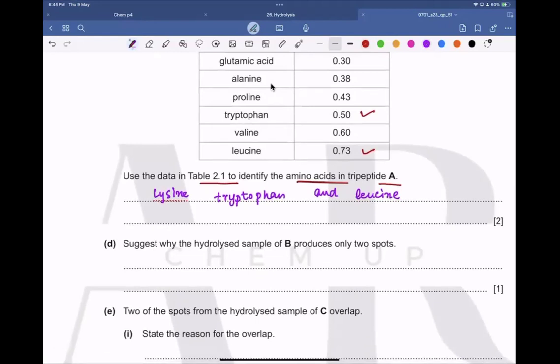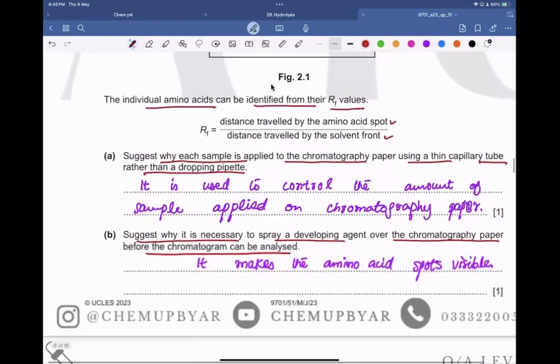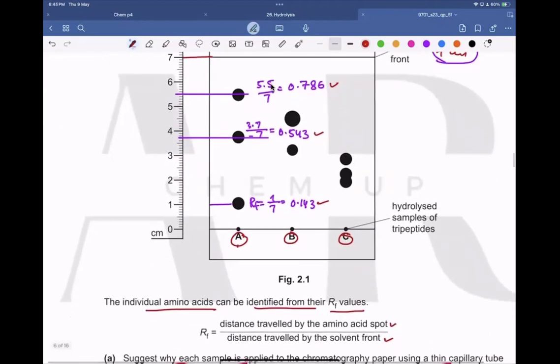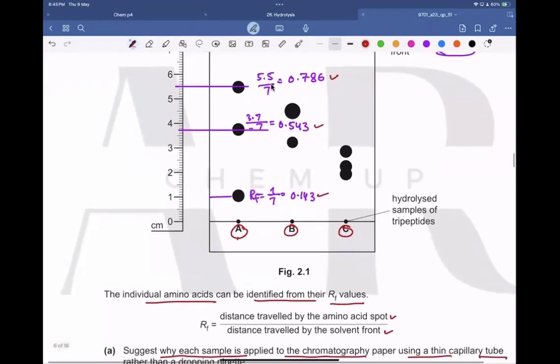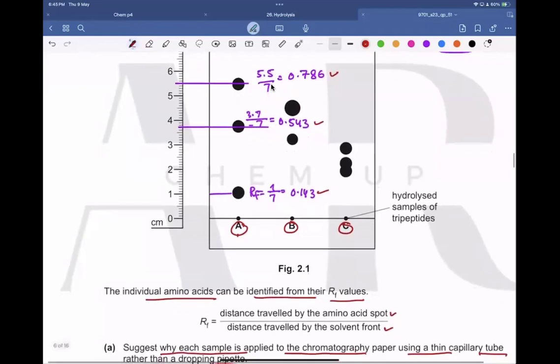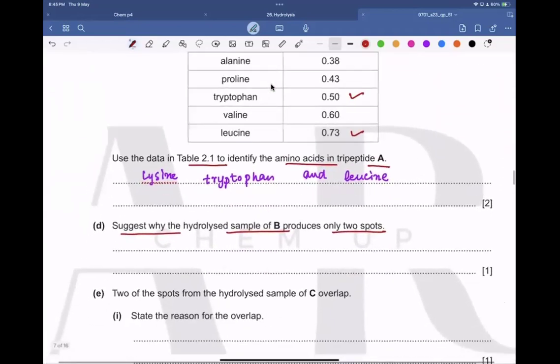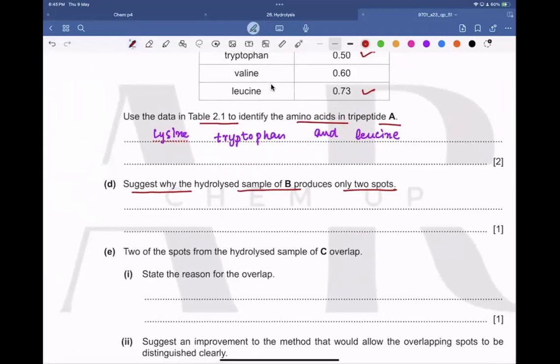This is important. Suggest why the hydrolyzed sample of B produces two spots. As they have told you that it's a tripeptide and 3 amino acids are formed, but here you are getting only 2 spots. So what does this mean? It means that 2 amino acids are exactly the same, not different ones.